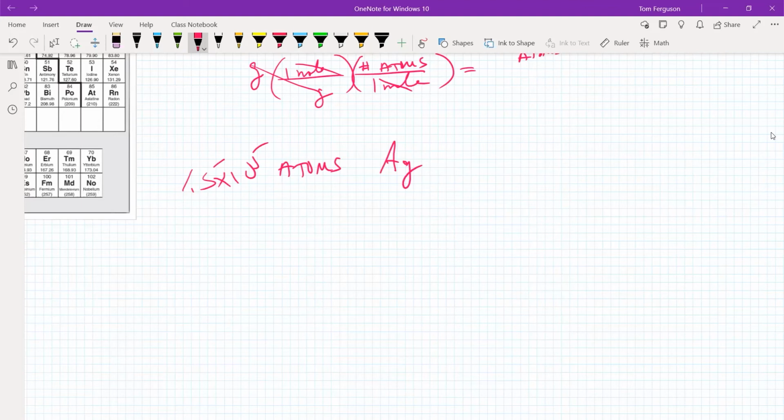What does that weigh? When we think about weight or mass, we think of grams. So we're given atoms, and we want to calculate grams.